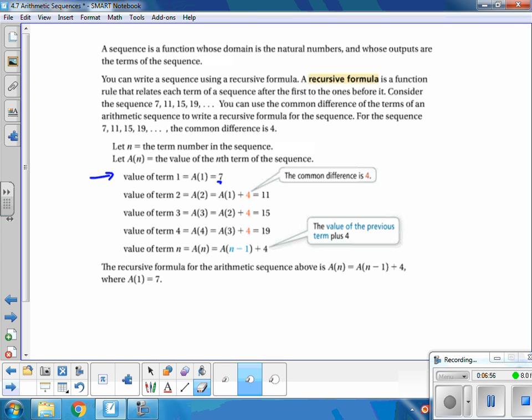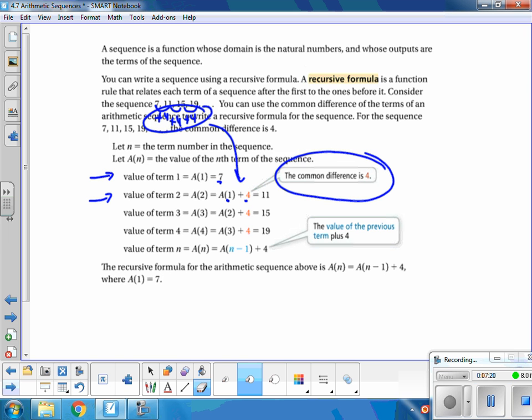So my value of term 2 is going to be whatever my value of term 1 is plus 4, because the common difference is 4 between each one. 7 to 11 is plus 4, 11 to 15 is plus 4, 15 to 19 is plus 4. So that's the common difference between them. That's the pattern that I'm ultimately going to be using here.